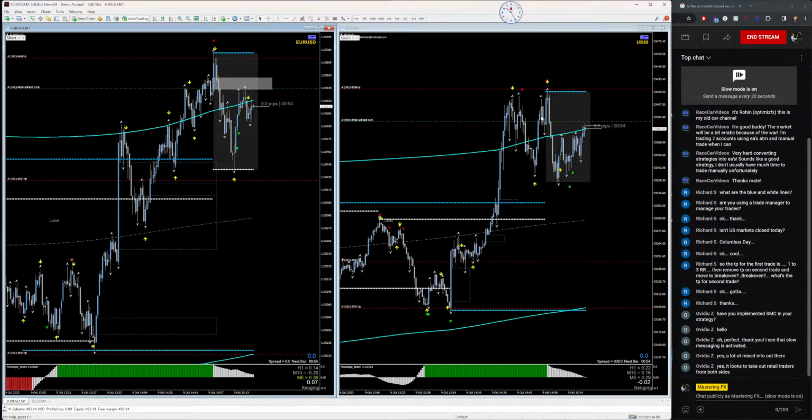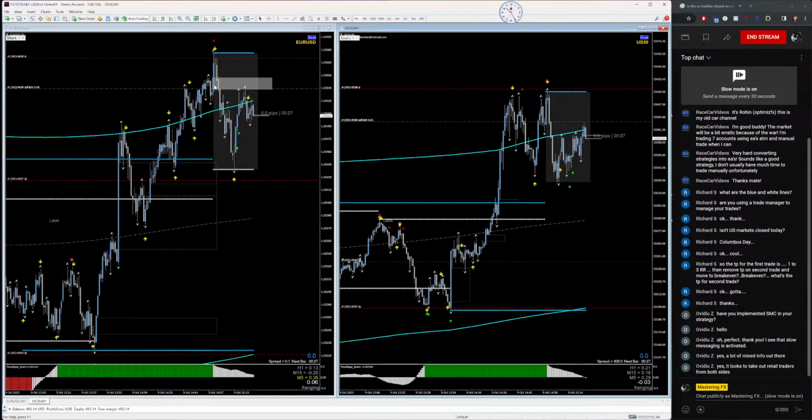And technically there is an inverse fair value gap right here. But this one is higher than the fair value gap, so I can leave my entry there. But are we gonna miss this on a tick as well? Really? Let's see what happens.